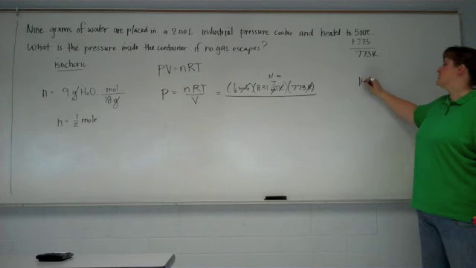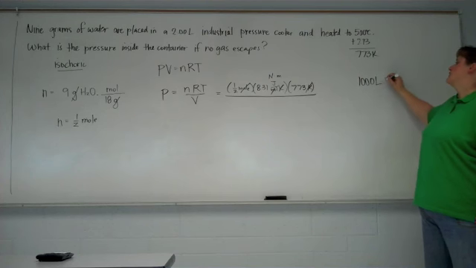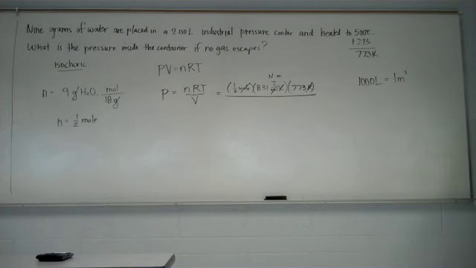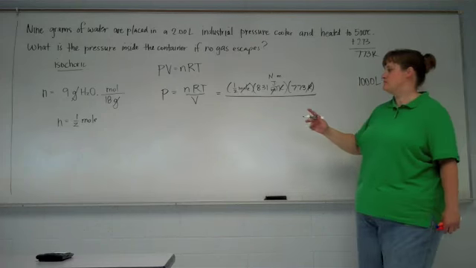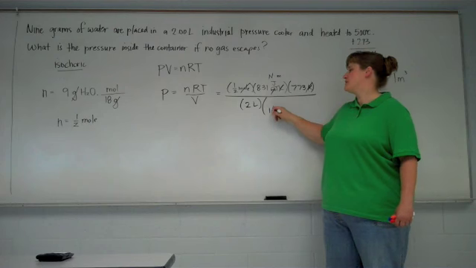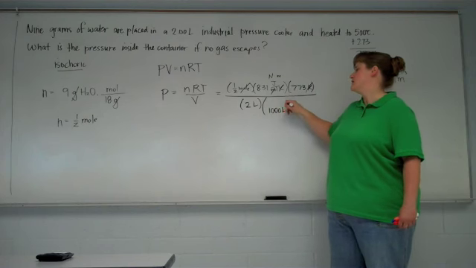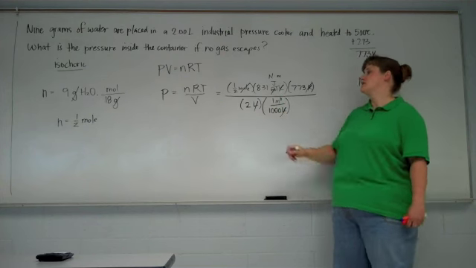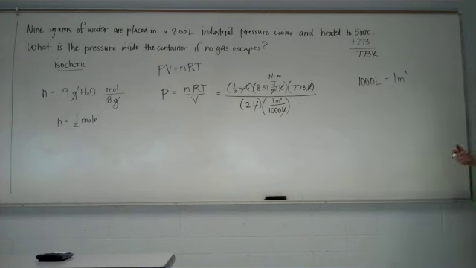Turns out there's 1,000 liters in 1 cubic meter. So if I have 2 liters, I'm going to multiply by my conversion factor so that the liters will cancel. So basically, we have 0.002 cubic meters as our volume.